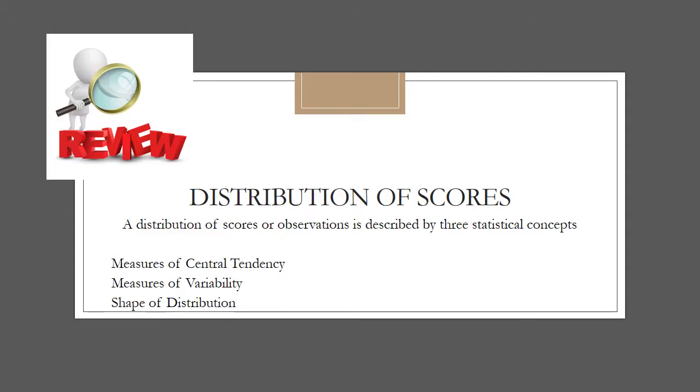Before you get started with the inferential statistics overview, it's very useful to make sure that you have the concepts and ideas of descriptive statistics down. So you might want to go back and review distributions of scores, recall issues of measures of central tendency, the mean, median, and mode, ideas of variability, in particular variance and the standard deviation, and the shapes of our distributions, what distributions look like, how they change.